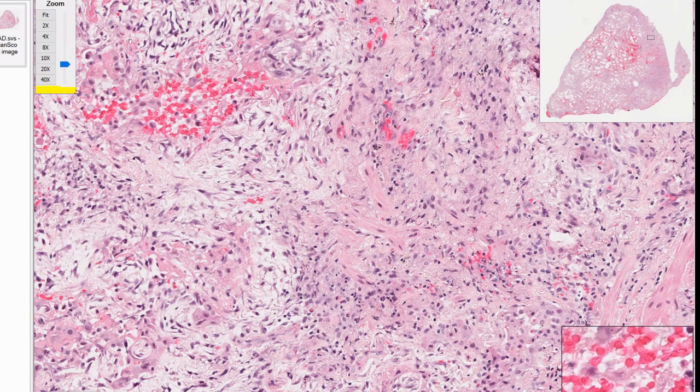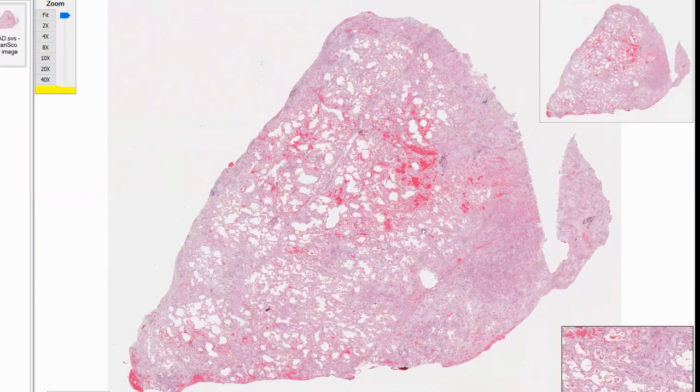So if we go back to the low magnification image, we can say that we have places that look quite acute, and we have places that look solidified, and which appear to have fibroblastic proliferation as part of an early fibroblastic repair.